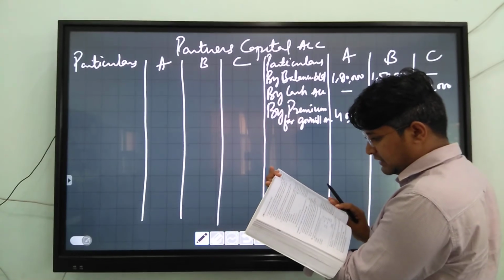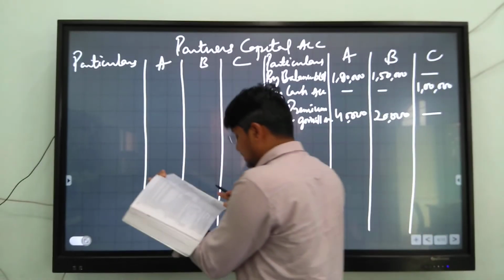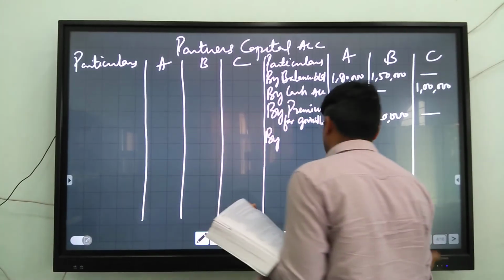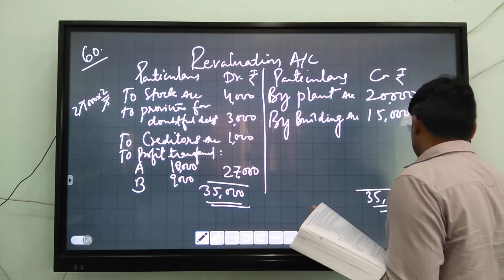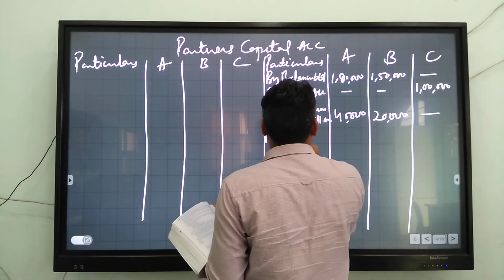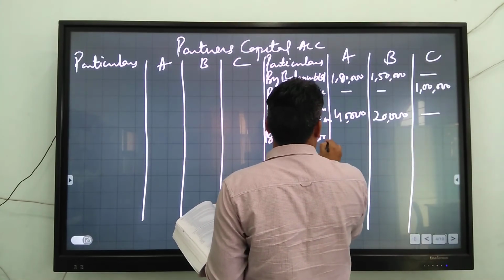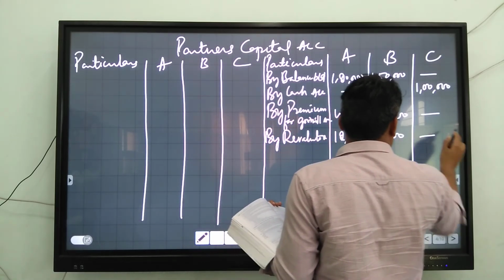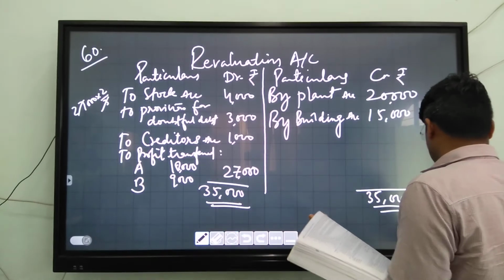There is no reserve in the balance sheet, and you will transfer profit of revaluation account 18,000 and 9,000. You will write by revaluation account 18,000 and 9,000.